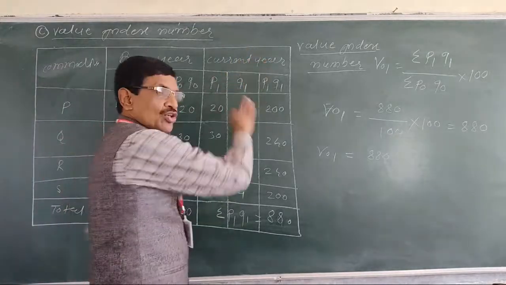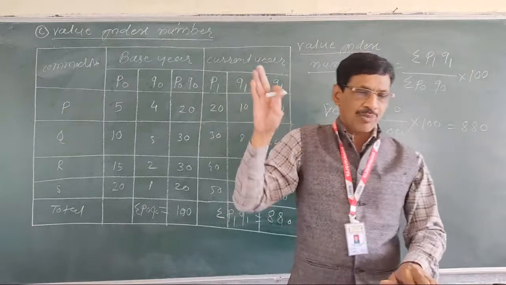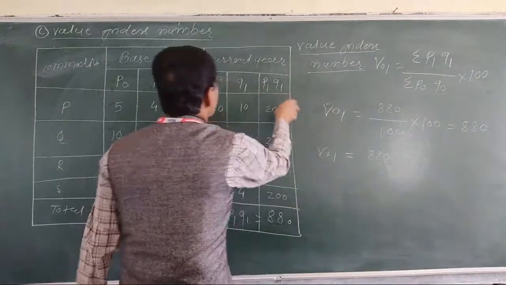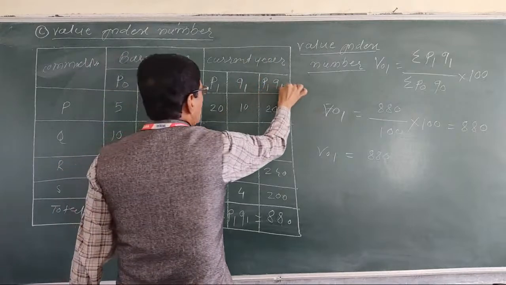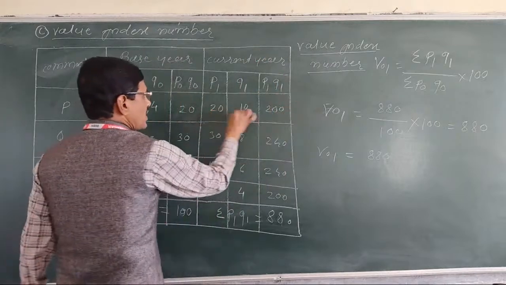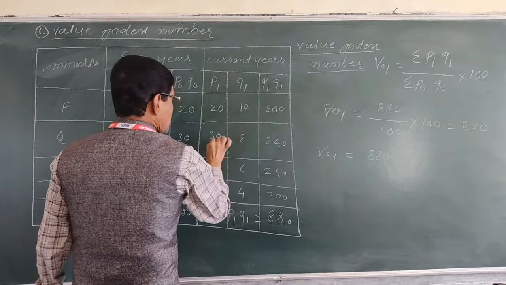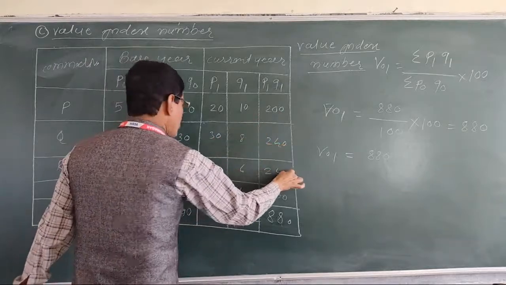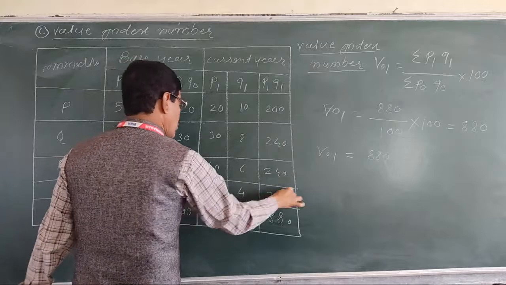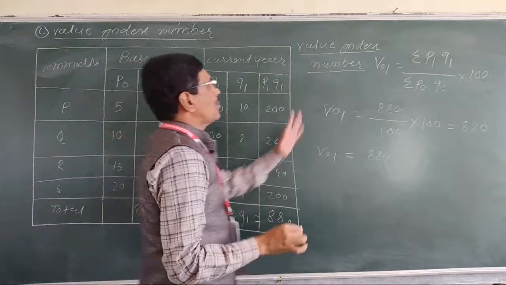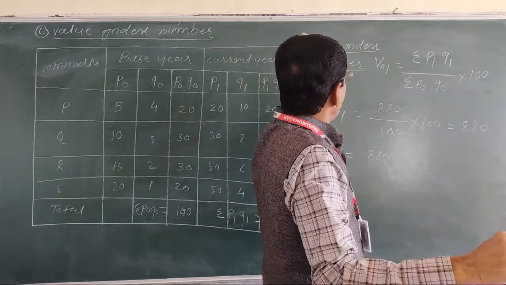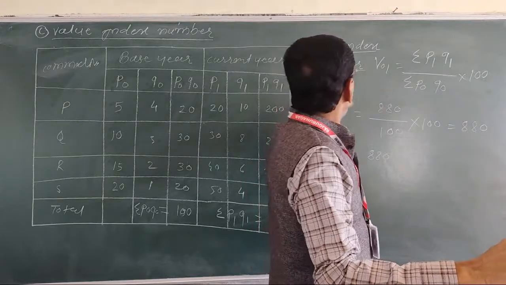Then the sum total of the product of price and quantity for the current year is called P1Q1. याचा आणि याचा गुणाकार केला 200, 240, 240, 200 आणि मग 8. मग आपण सूत्र घातलेले, it can be expressed with the help of that formula.